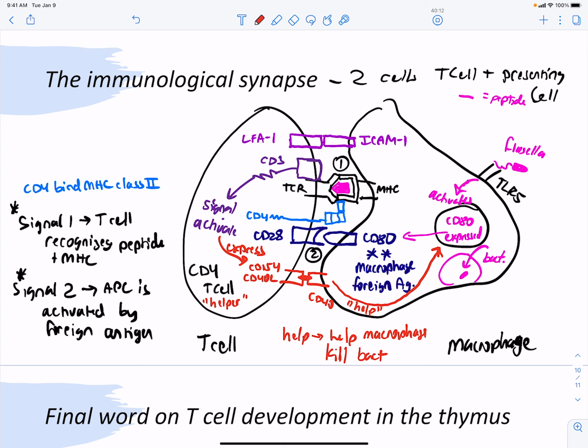And the macrophage will kick in even more anti-pathogen molecules in order to try to get rid of whatever it is infected with, whatever this bacteria with flagella is. And so that's kind of what's happening. So the T cell gets activated by signal 1, signal 2, and then the CD4 T cell is able to give that help signal back to the macrophage to help it become a better killer of this bacteria.